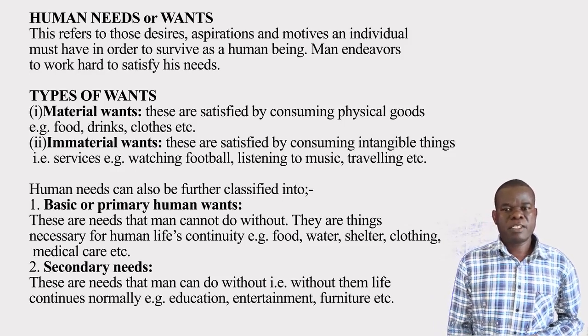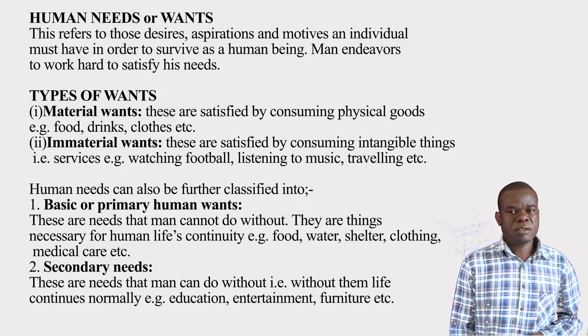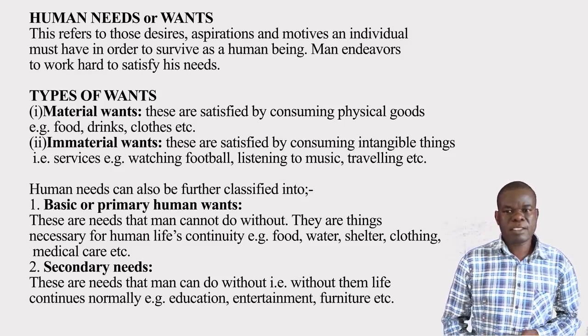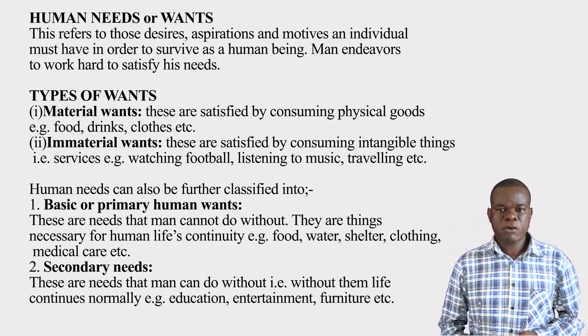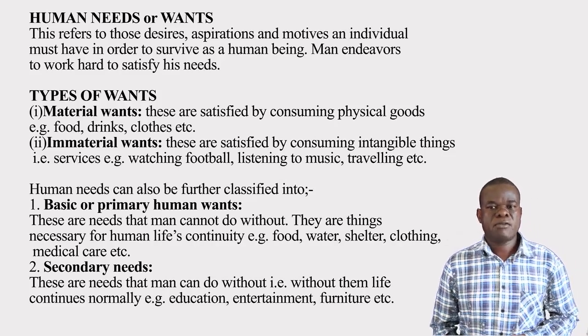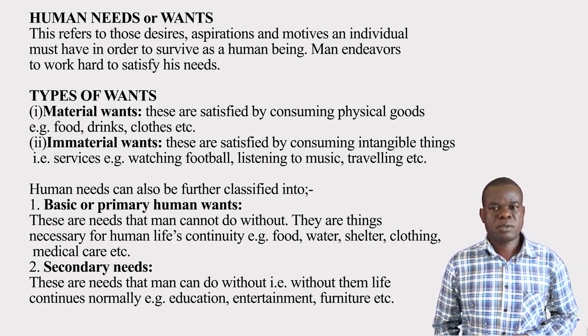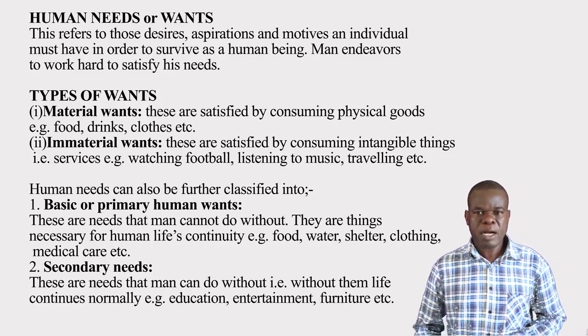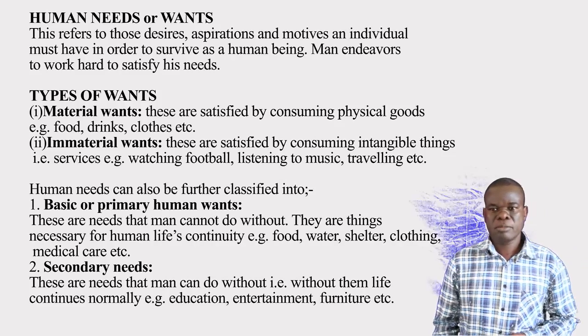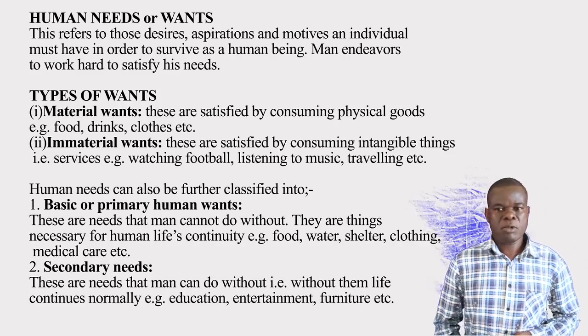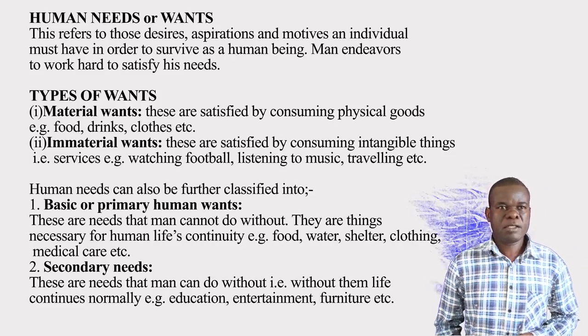Then we have the secondary needs. These are those wants that man can do without, and without them, life continues normally. For example, education and entertainment. You can't become abnormal because you have not gone to school, especially the formal education system. You can't become abnormal because you have not listened to music.